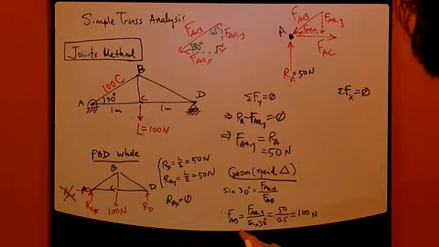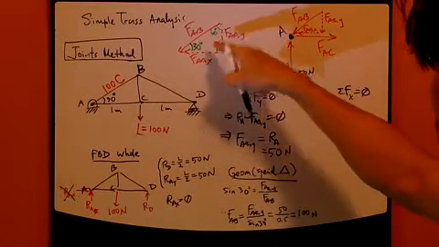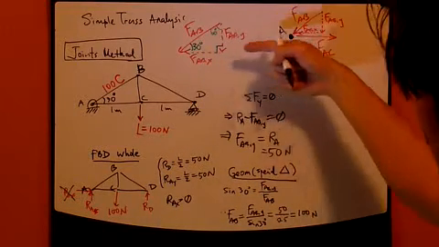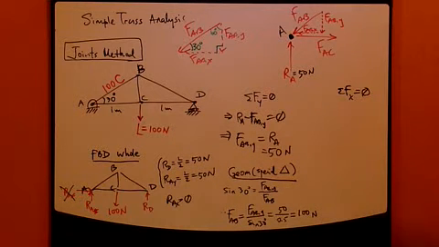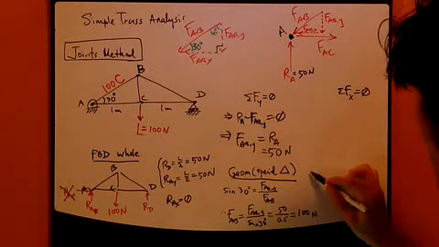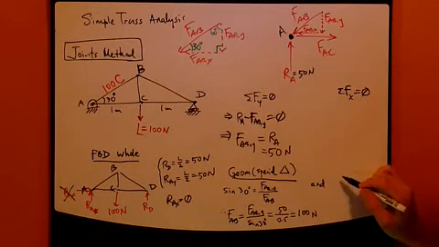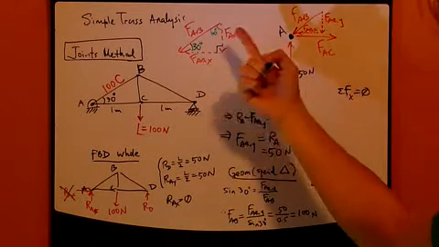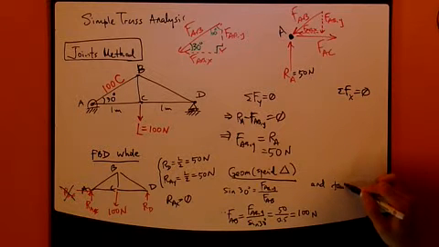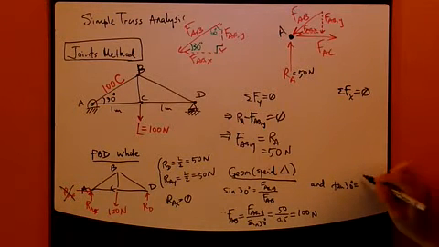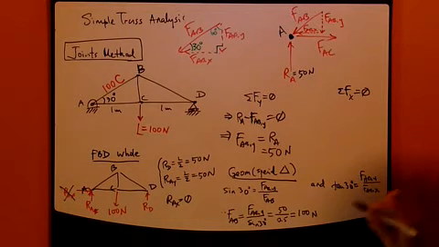And keep going. Now I've used sine 30. Can I use maybe cosine 30 to help me figure out this FABX? Sure. You can use cosine or you can use tangent, tangent 30, to take care of these two guys. So let's do that. Tangent 30 equals FABY over FABX.